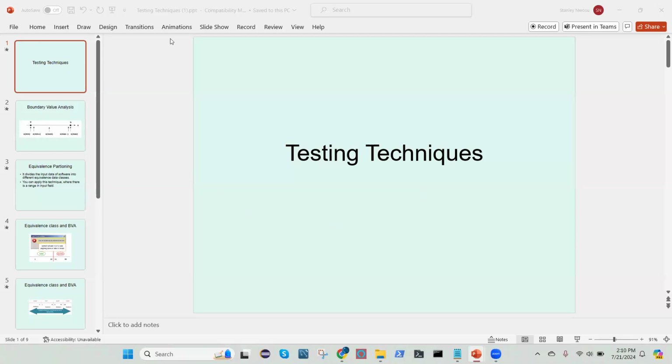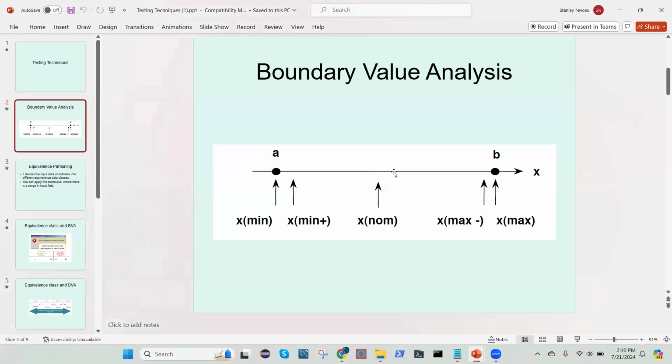Then we dove into testing techniques, and we said one is BVA, which we call boundary value analysis. To analyze that, we explained with one example: applying for a loan.